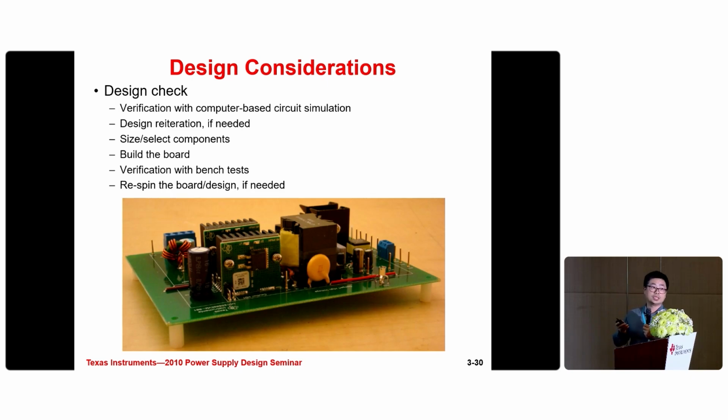So there will be some difference between the real result and this FHA method. So better to do some circuit simulation here. Then we will select the physical components and build the PCB to do the bench test to verify if this is okay. If it's not okay, we need to adjust the parameters of this converter.